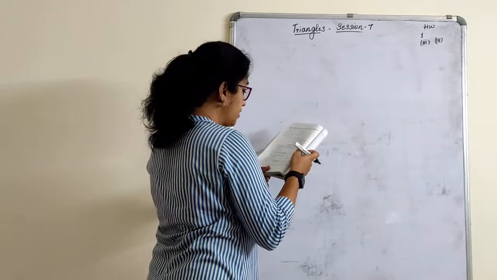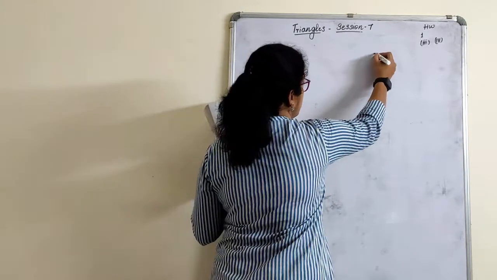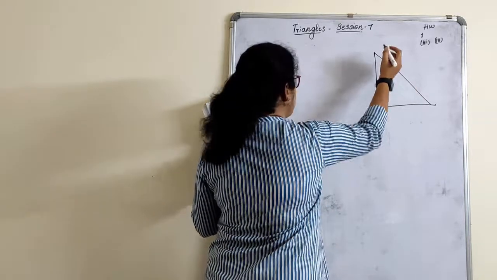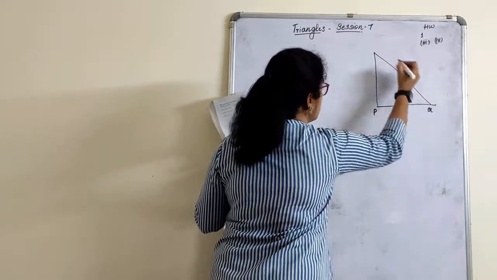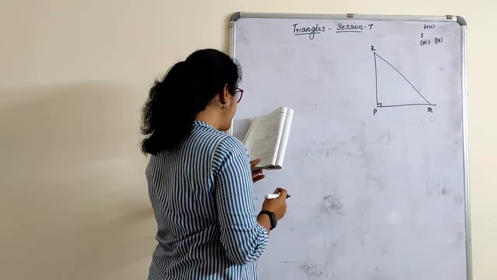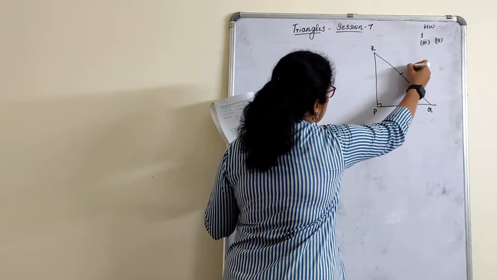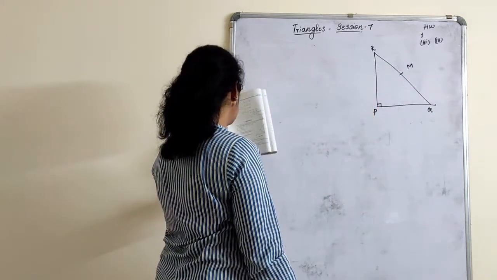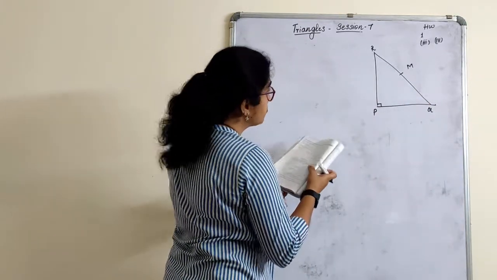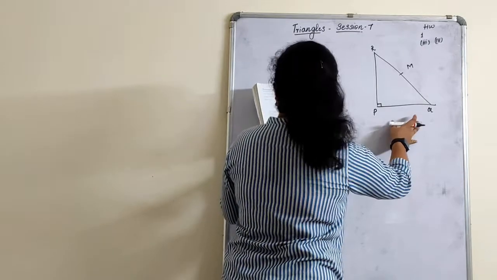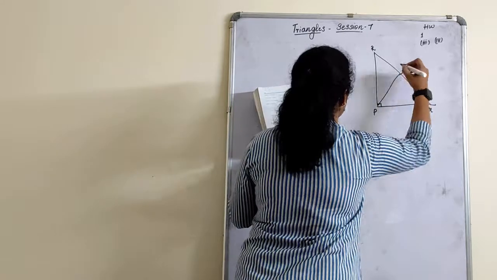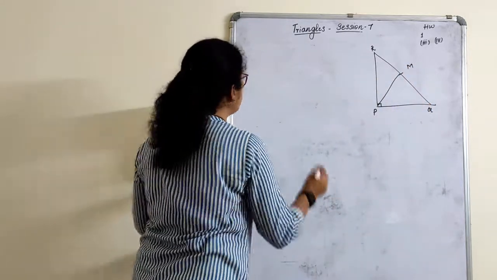PQR is a triangle, right angle at P. So let me draw a triangle here, which is right angled at P. M is a point on QR such that PM is perpendicular to QR.